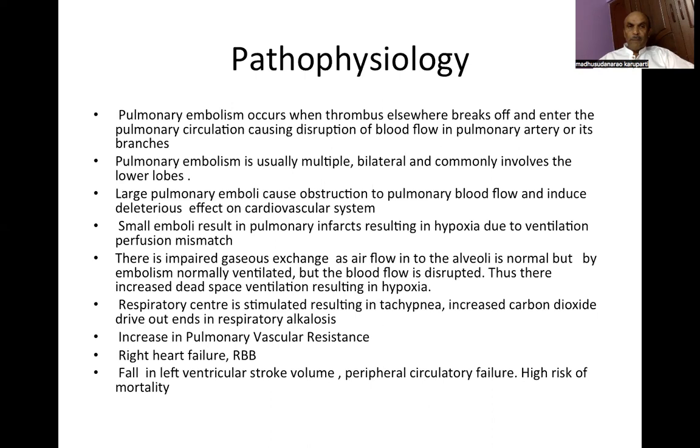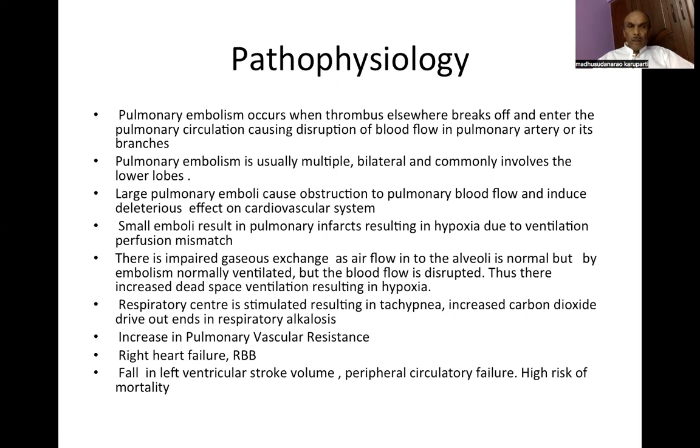Coming to pathophysiology. Well, pulmonary embolism occurs when the thrombus elsewhere breaks off and enters the pulmonary circulation, causing obliteration of blood flow in the pulmonary artery or its branches. It could be peripheral or central embolism. Pulmonary embolism is usually multiple, bilateral, commonly involves the lower lobes. Either it could be central, involving the main pulmonary artery, or it could be peripheral, involving the branches of the pulmonary artery.